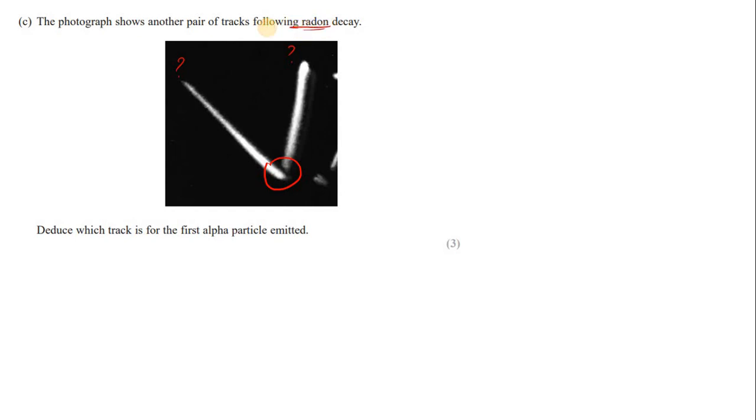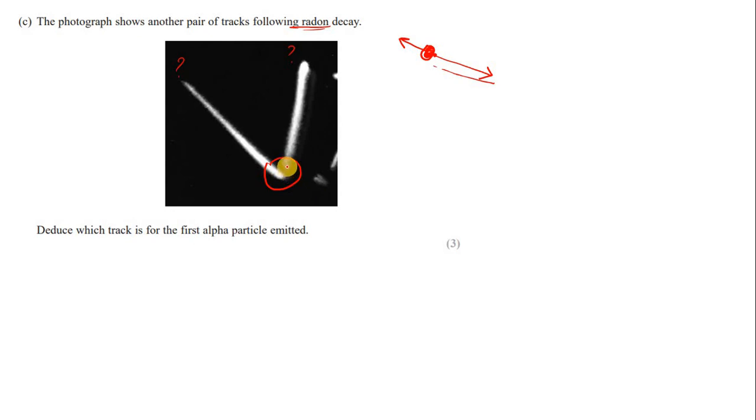So when an alpha particle is emitted, this neutral particle emits a charged particle in one direction, so we see the track. This neutral particle will recoil backward, depending on the mass, so this whole nucleus will recoil backward in order to conserve the momentum. So we see the gap here.